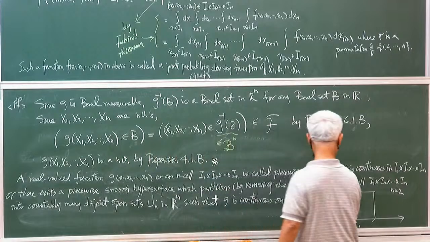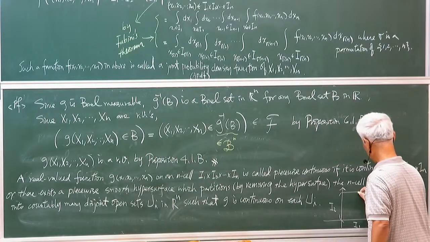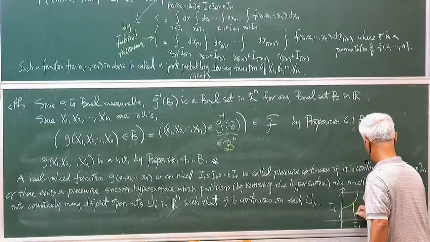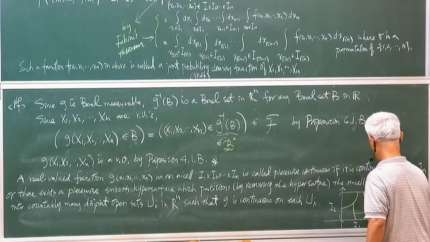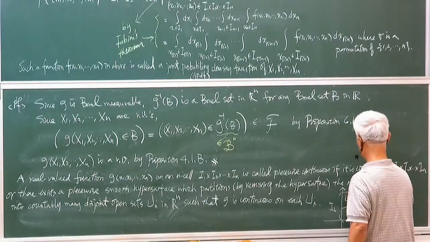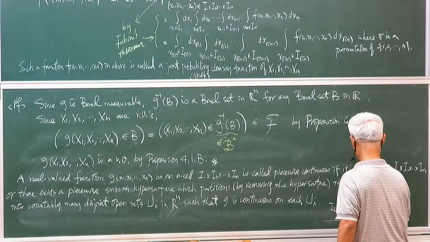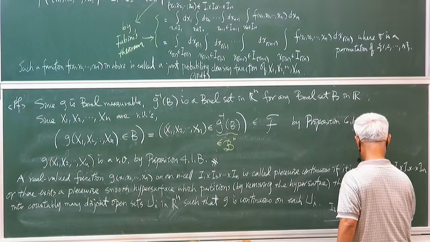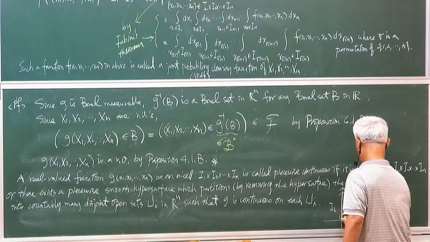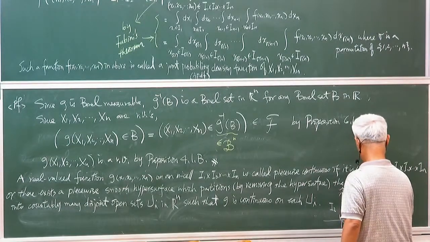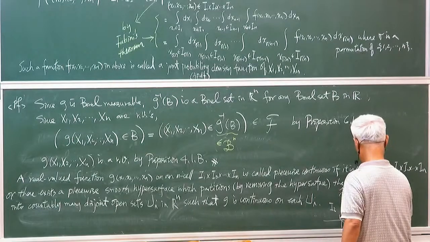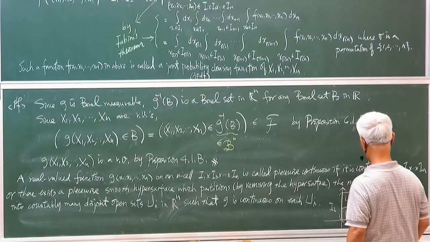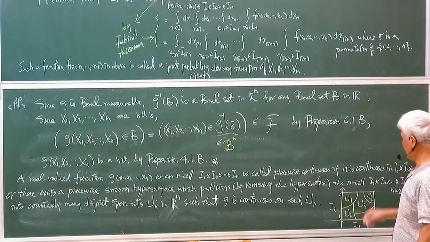And if we can partition, so maybe this is U1, this is U2, U4. Right.